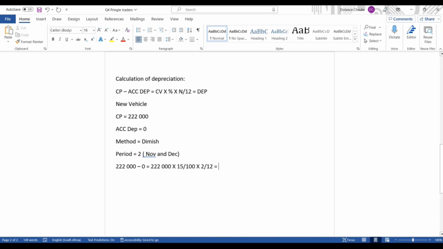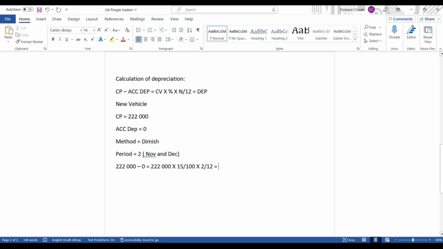Are we all calculating? How much are we getting? I'm getting 222,000 multiplied by 15 divided by 100, which is 550. Multiplied by 2 divided by 12. I'm getting 550. Is everyone getting the same there?